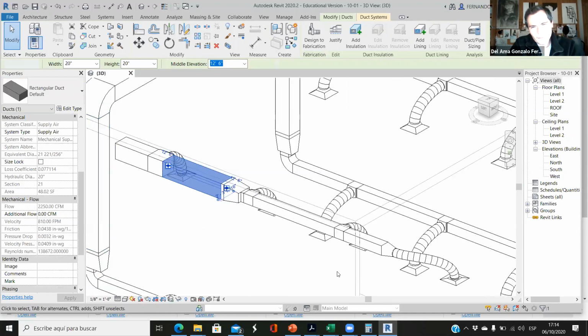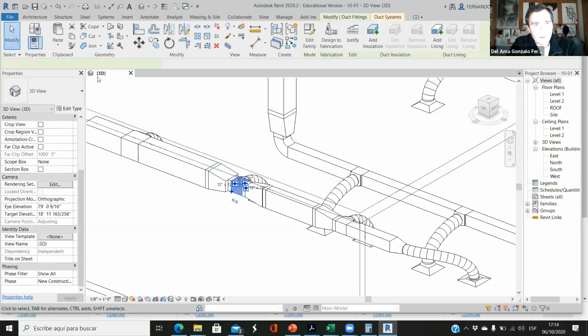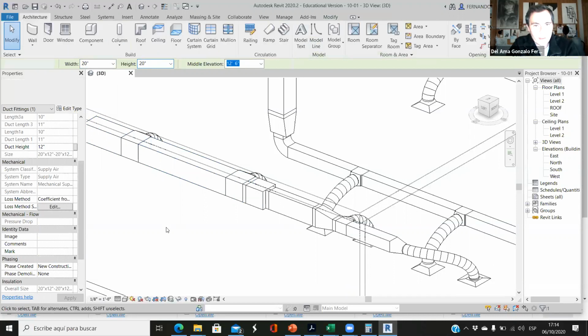We are getting better. I think this should be 20 by 20 as well. 20, 20. This connection is 20, 20.